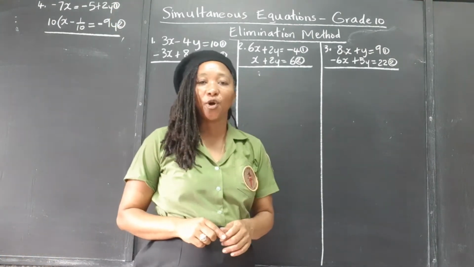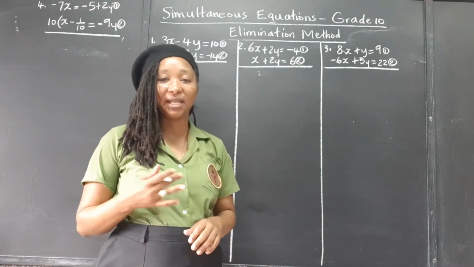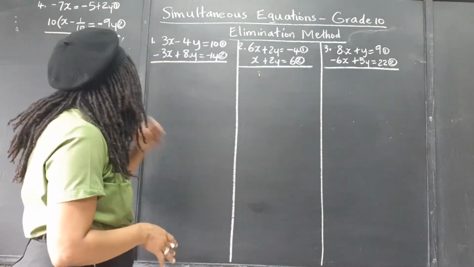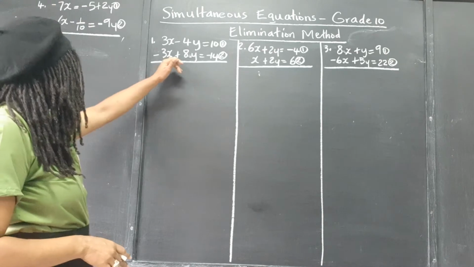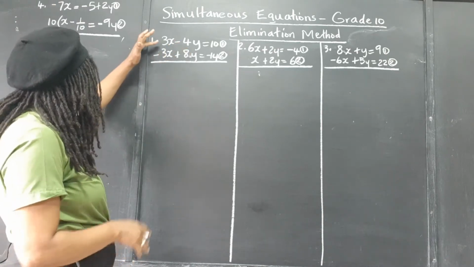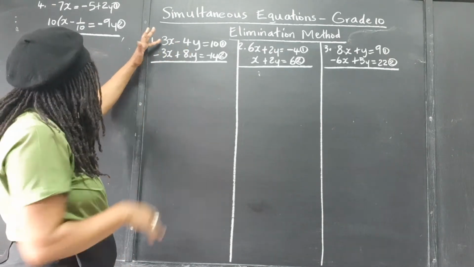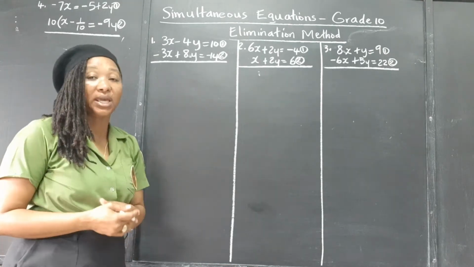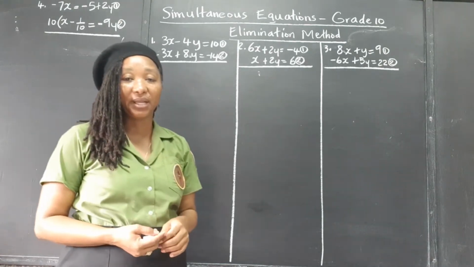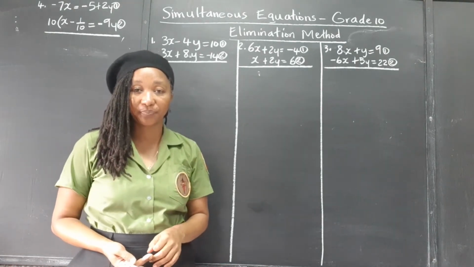Alright, so what we're going to try to do now is to eliminate one of the variables. Since the x variable has the coefficients 3 and negative 3, we can eliminate those by simply adding the equations.